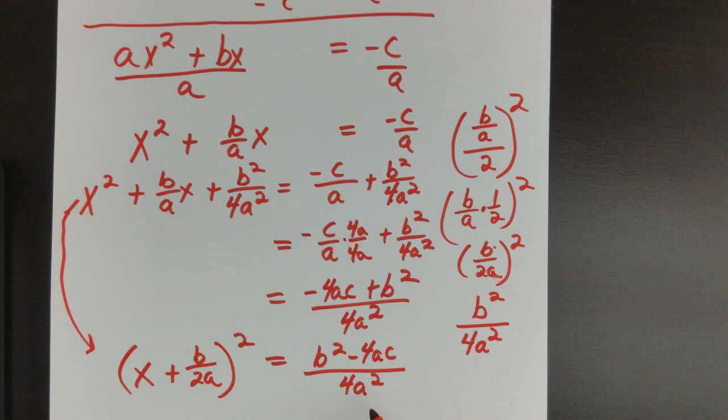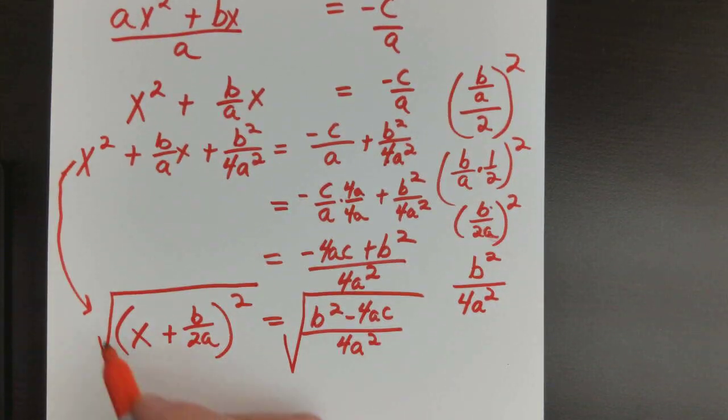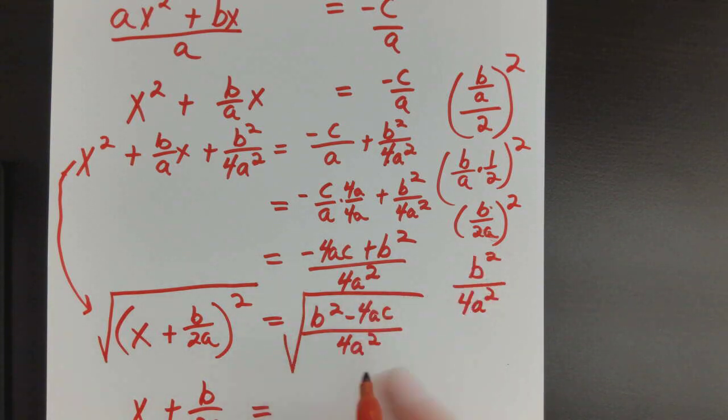And then it's time to take the square root of both sides. So I'll take the square root of this side, and the square root of this side. The square root and square cancel, so that's x plus b over 2a equals, I'm going to separate these two because this looks like a perfect square to me. I'm going to take the square root of b squared minus 4ac over the square root of 4a squared.